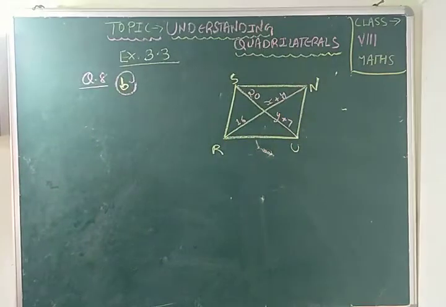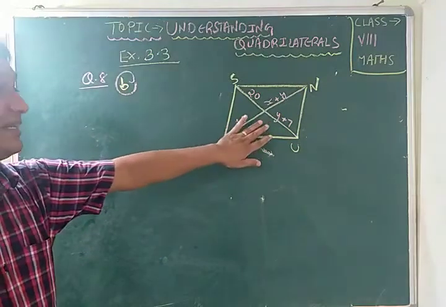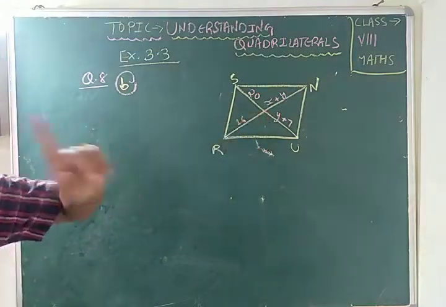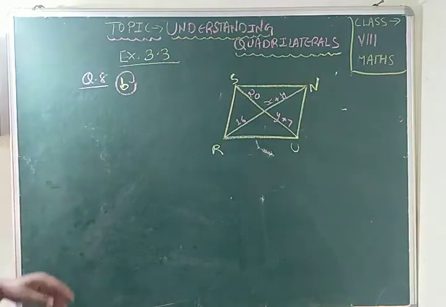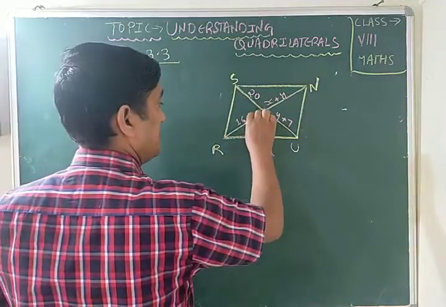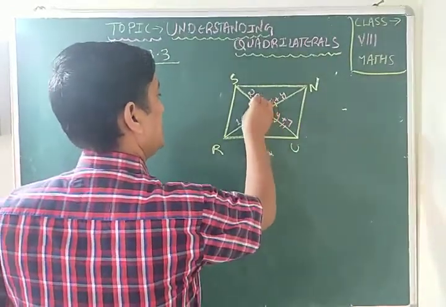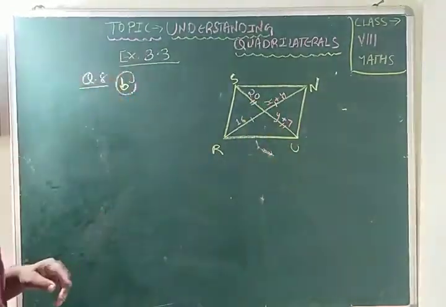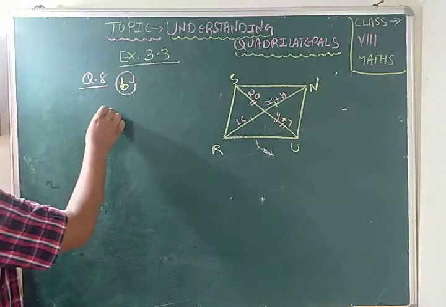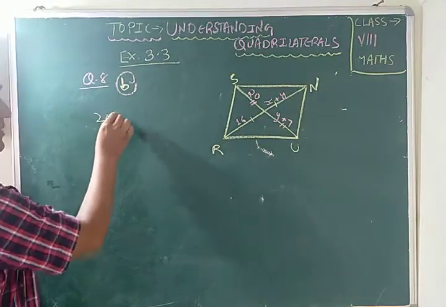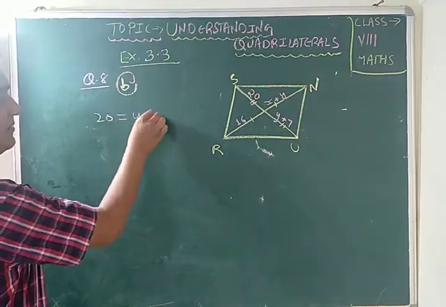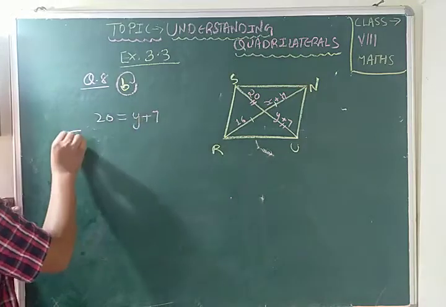Now children, here we have to apply the property of diagonals. We know that in a parallelogram, diagonals bisect each other. It means this portion is equal to this portion and this portion is equal to this portion. So it becomes 20 is equal to y plus 7.